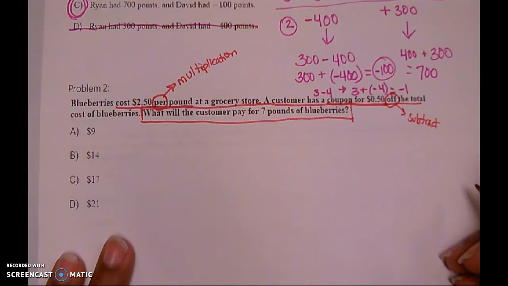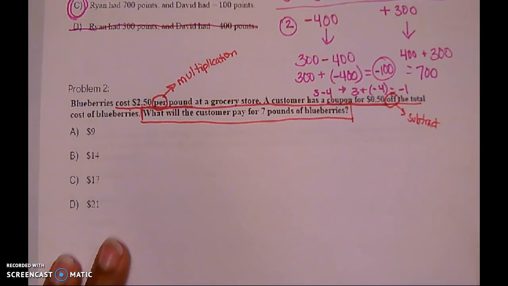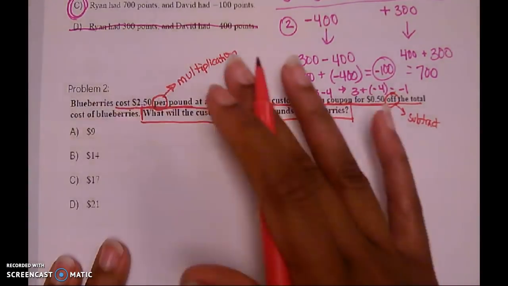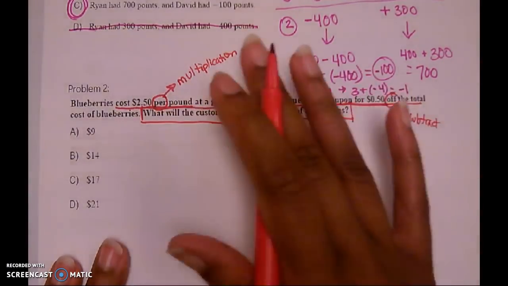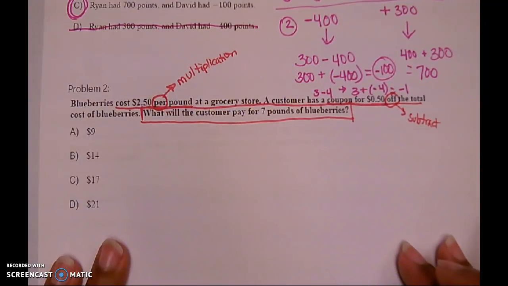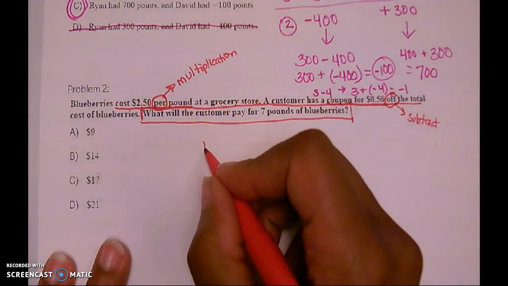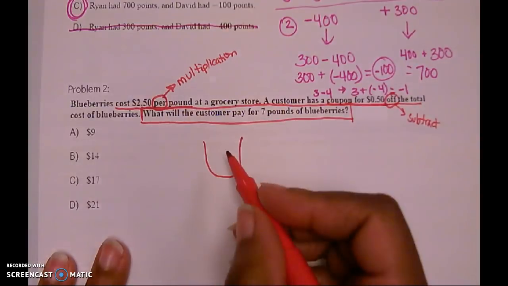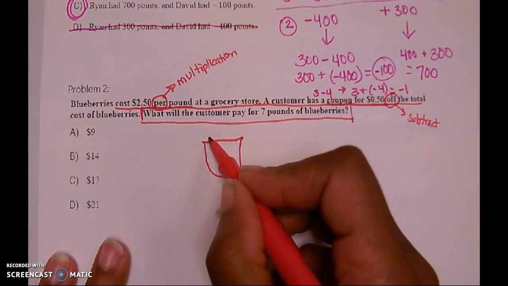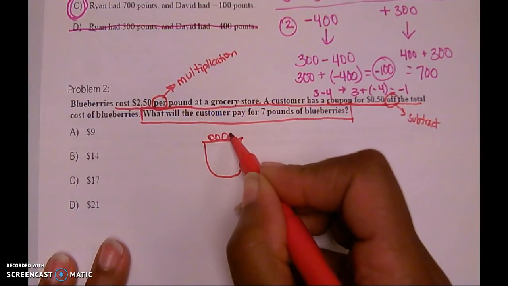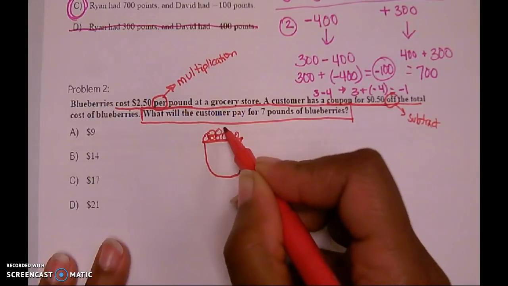Okay? Now, I'm going to knock out information I don't need, and I think every bit of information in this problem is needed, so I'm not going to knock anything out. The final question says, what will the customer pay for 7 pounds of blueberries? So, the first thing I'm going to do is go ahead and draw my diagram. When I think of blueberries, I think of a little blueberry container with all the blueberries stacked on top.